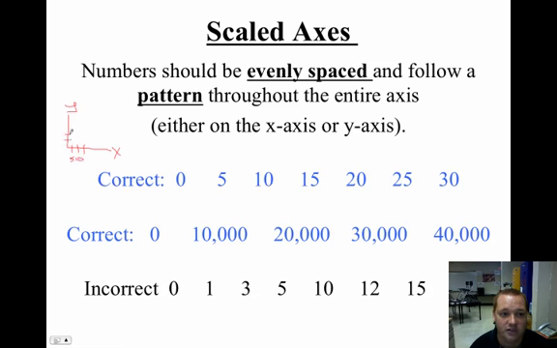But if we wanted to do something different on the y-axis, because the data fits it, we can just simply go, as an example, 2, 4, 6 by increasing by 2's. So the fact is, it doesn't matter if you're on the x or the y, you just need to follow a pattern, whatever axis you're on.